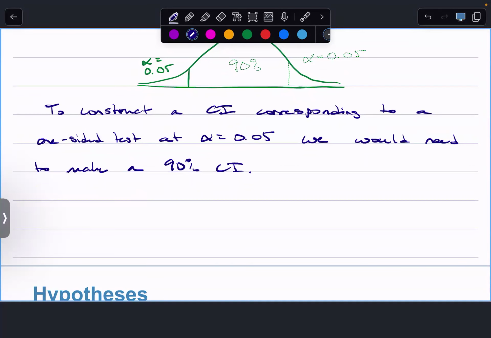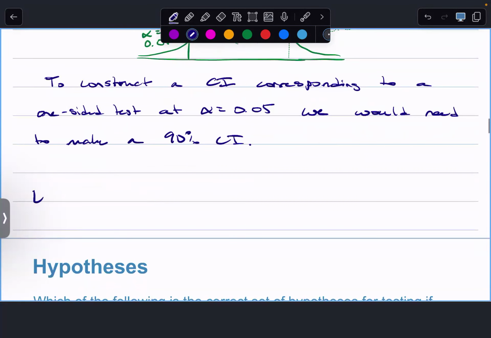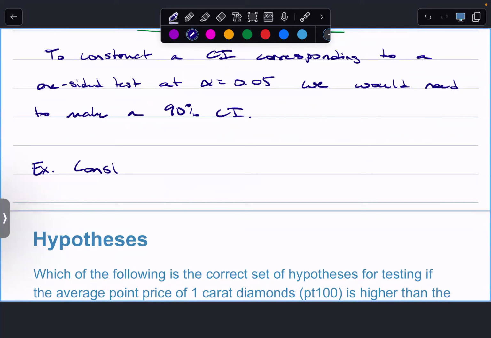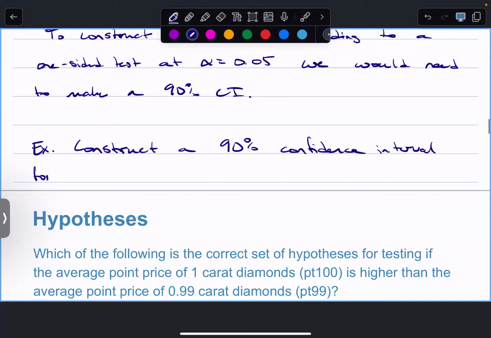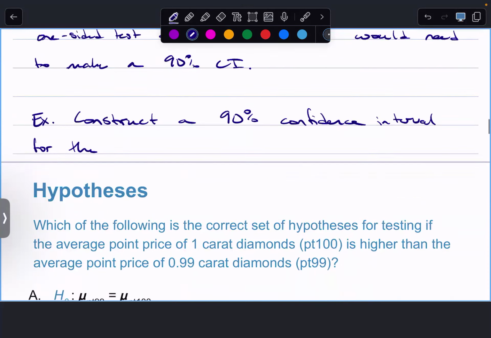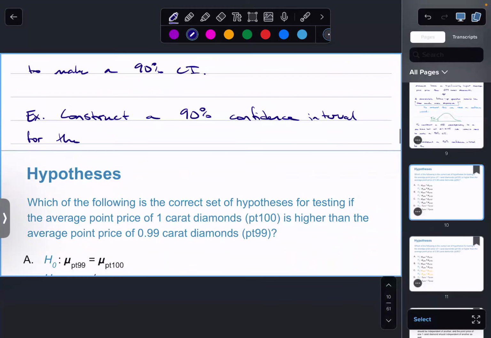So how about I make the question: construct a 90% confidence interval for the difference in mean point prices between 1 carat and 0.99 carat diamonds.